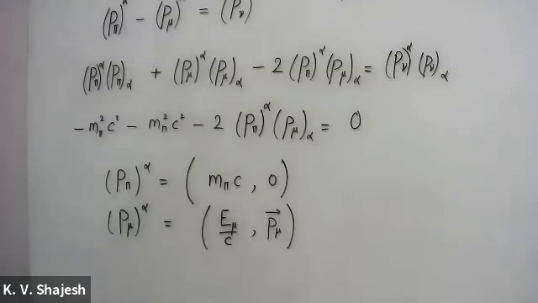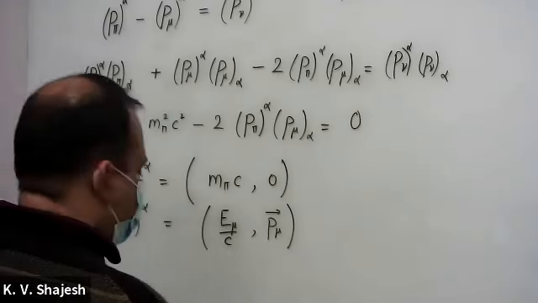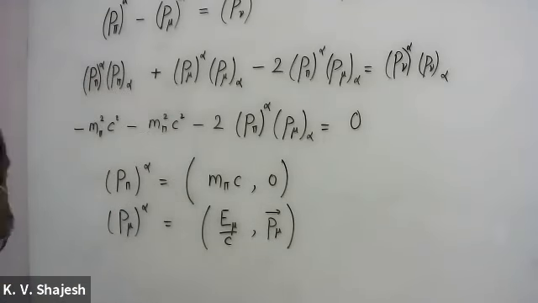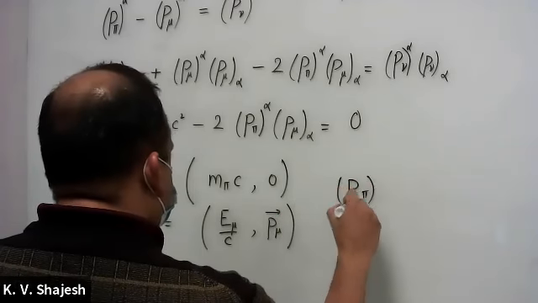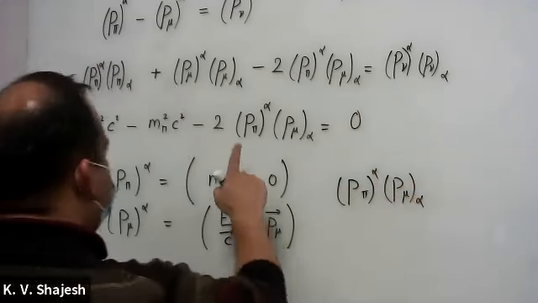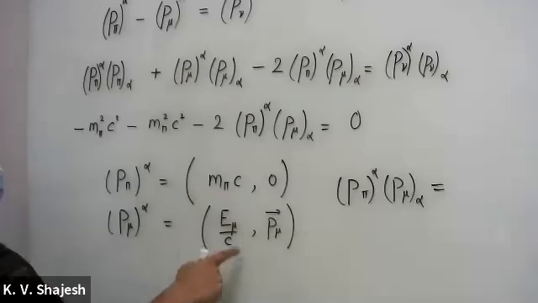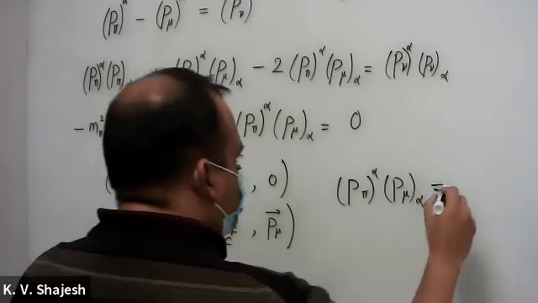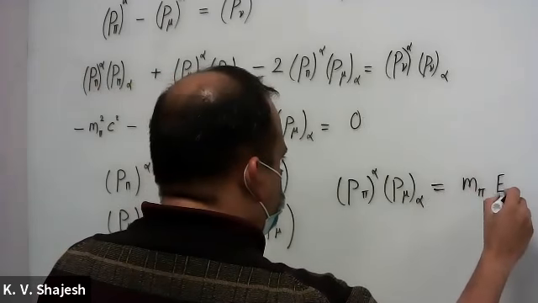So what is the product here? So P pi alpha, P mu alpha, that's this product here, which is, you simply multiply these two, right? C cancels out, and I have m pi times E mu.